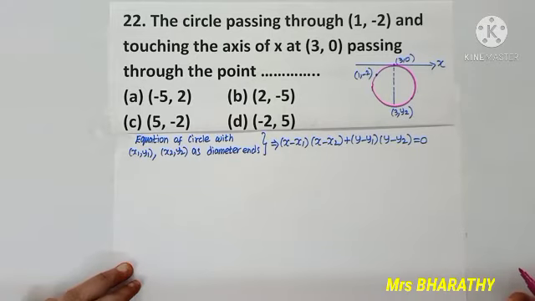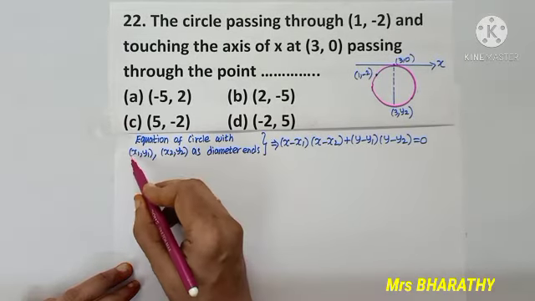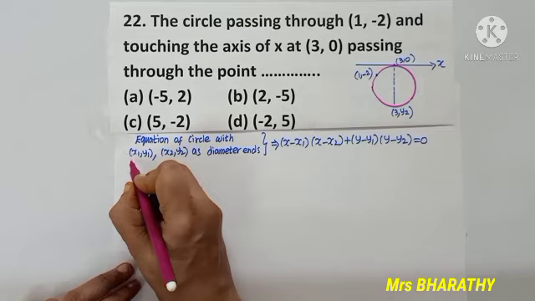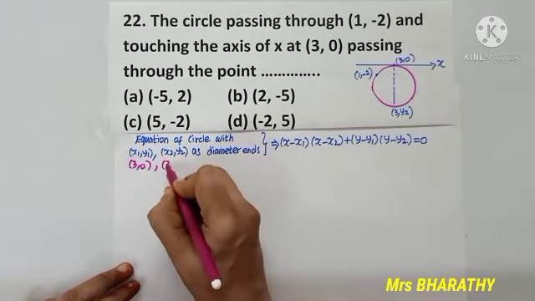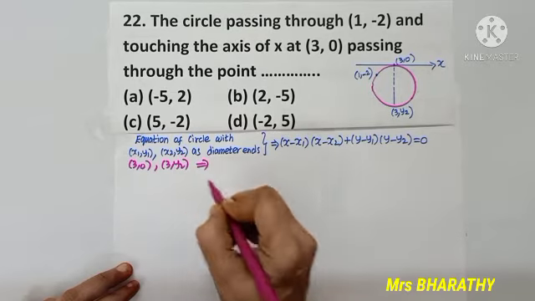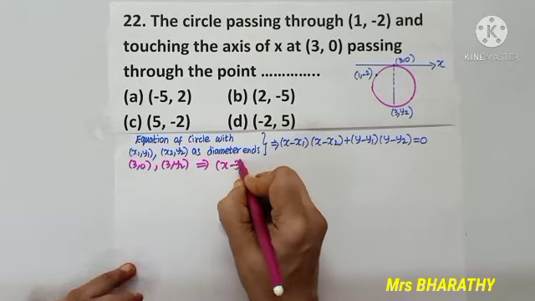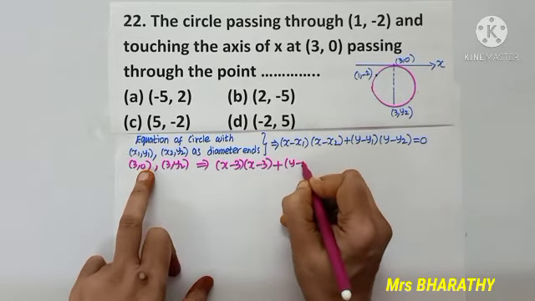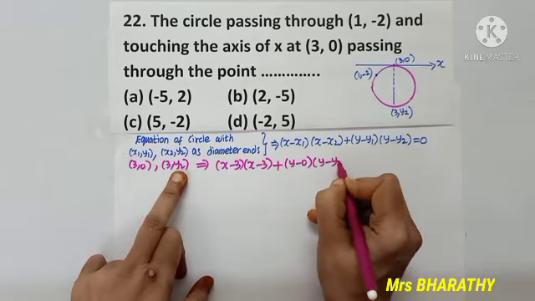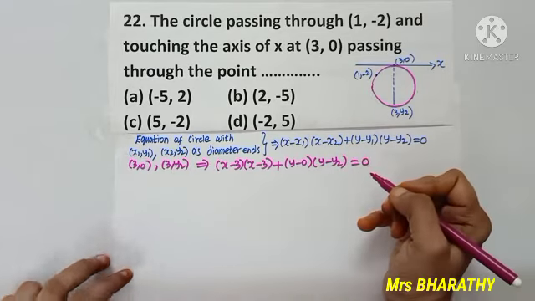equal to 0. As I substitute x1, y1 as 3, 0, x2, y2 as 3, y2, we get x minus 3 into x minus 3 plus y minus 0 into y minus y2 equal to 0.